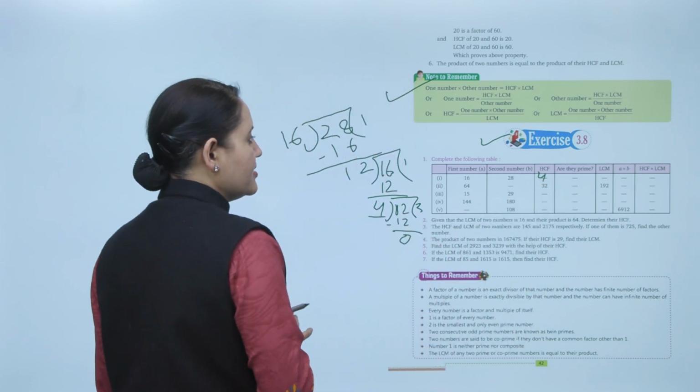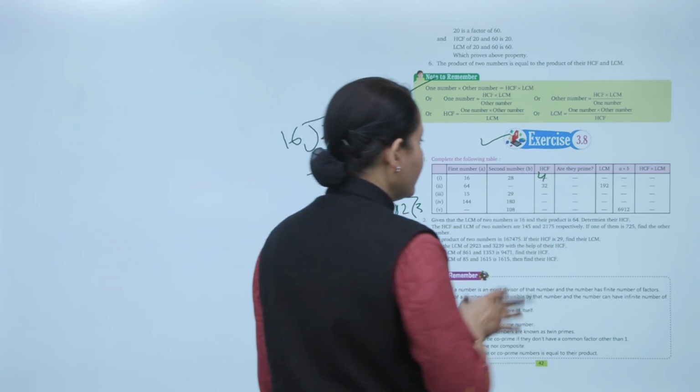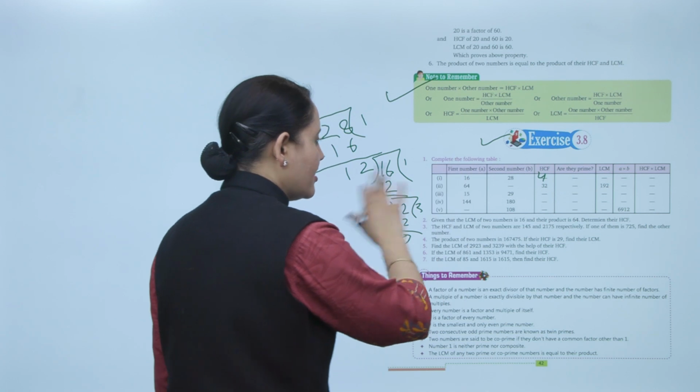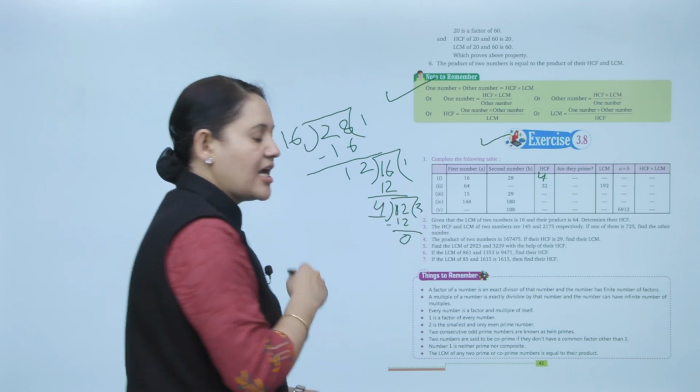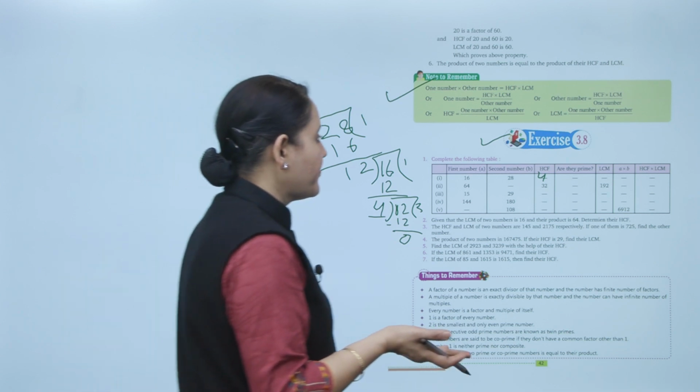Are they prime numbers? Means 16 and 28 they are prime numbers? No, they are not prime number because they have more than 2 factors.